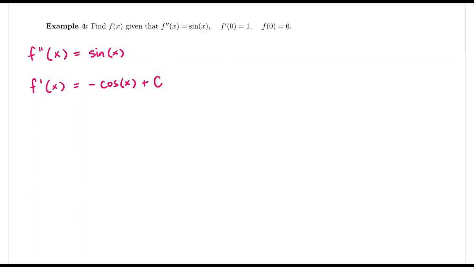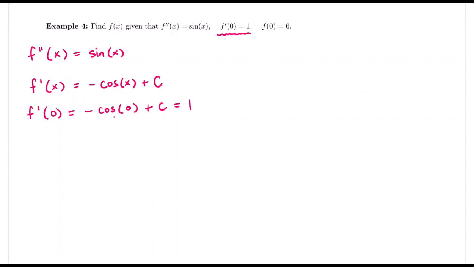Now, before I take an antiderivative again, I'm going to use this first initial condition to help me find capital C. I know that f prime of 0 is equal to, I would plug in 0 for my x value inside of cosine. And according to my initial condition, this should all come out to be equal to 1.